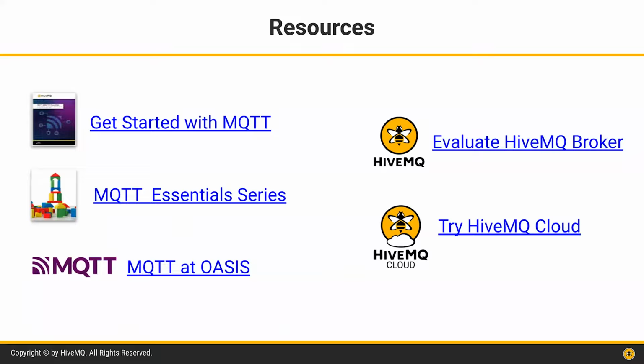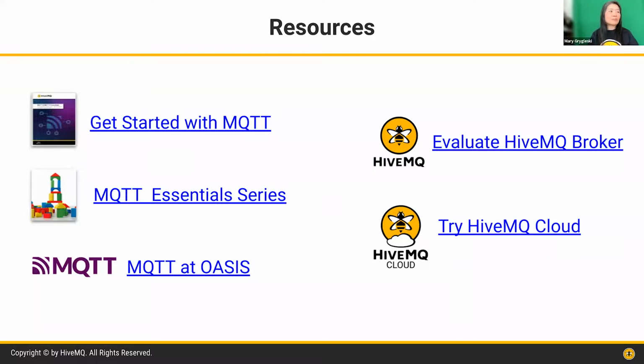Actually, let's go to the resources slide, because let's end with this. Can you go through this? Sure. I won't click on it, but I believe our slides will be made available to everybody, and on the slides you can click on these. These are just some of the resources that you can get, and they came from HiveMQ. We have how to get started with MQTT, and the MQTT Essentials series is a must-have. I learned so much just by reading through all of it. It's very detailed. And then MQTT at OASIS too.